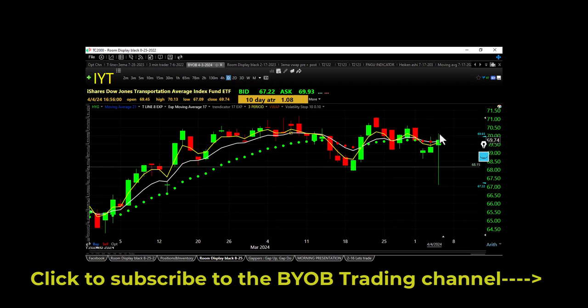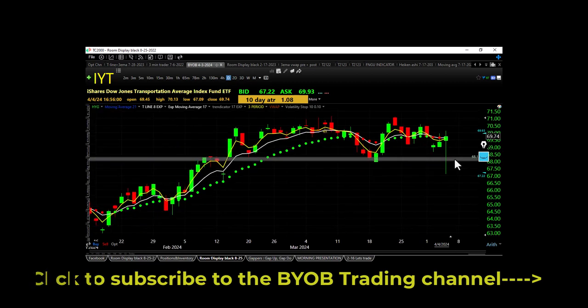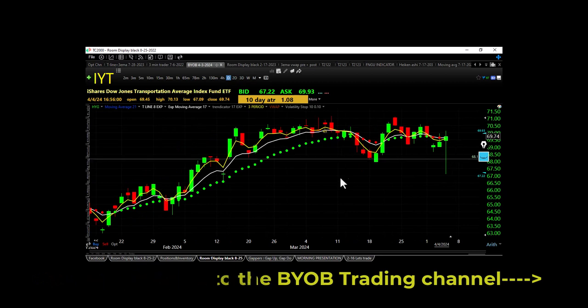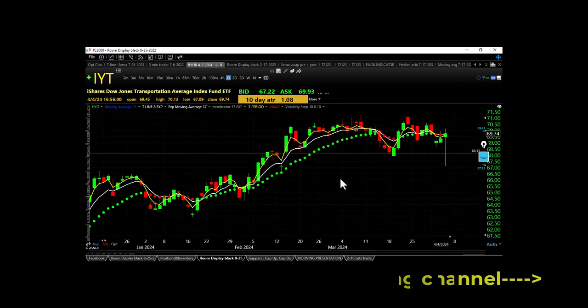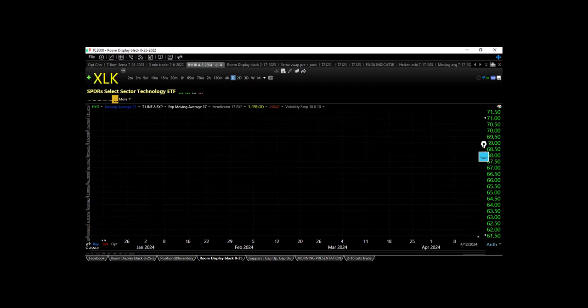So there's a higher high and a lower low. Bearish engulfing, closing below the bearish trap and the 17 EMA. They have not broken this low, so they're still in an uptrend. They're just bull flag consolidating right now. So there's IYT.